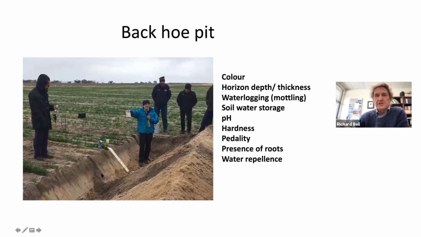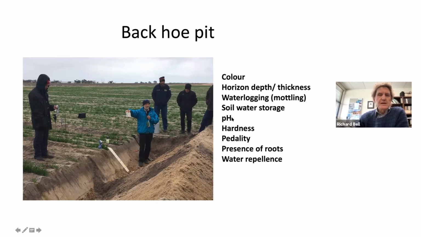If you dig these pits in the late spring and you find topsoil is dry, or even it's dry down to 20 or 30 centimetres, and then there's plenty of moisture deeper down, but the crop is drying off or showing signs of moisture stress, that's a very good indication that there might be a subsoil constraint, which is stopping the roots from accessing that water.